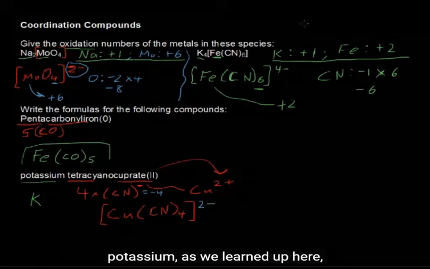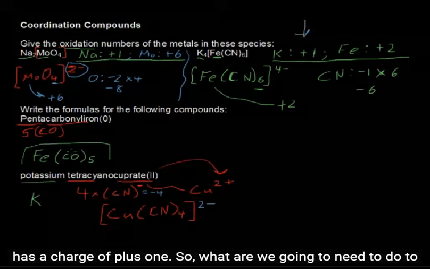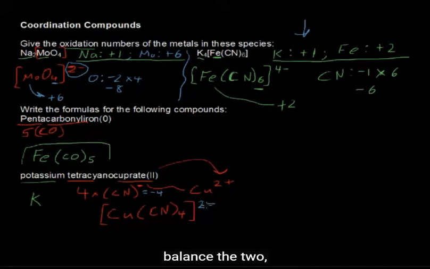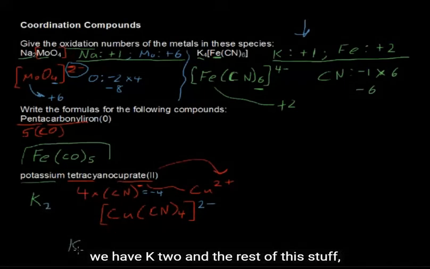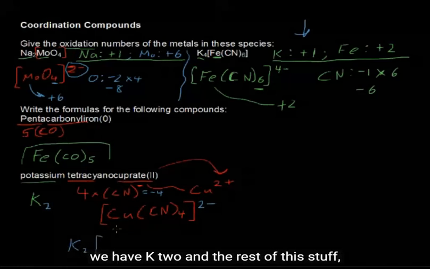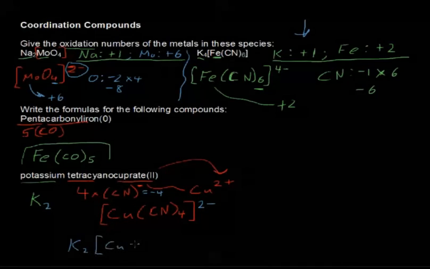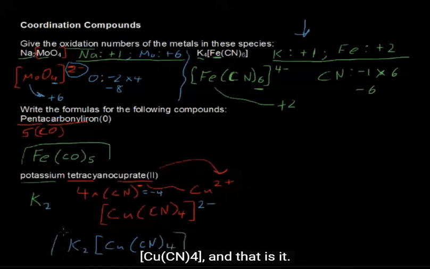Well, potassium, as we learned up here, has a charge of +1. So what are we going to need to do to balance the charge of -2? Well, we're going to need 2 of these potassiums. So in the end, we have K2 and the rest of this stuff, Cu(CN)4, and that is it.